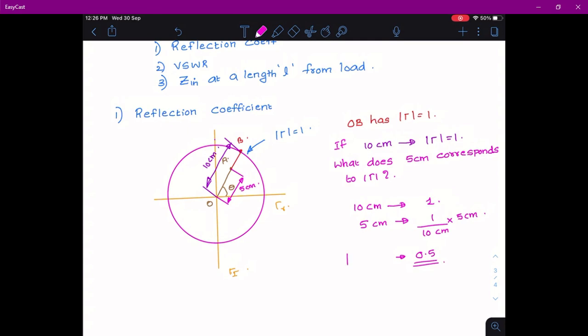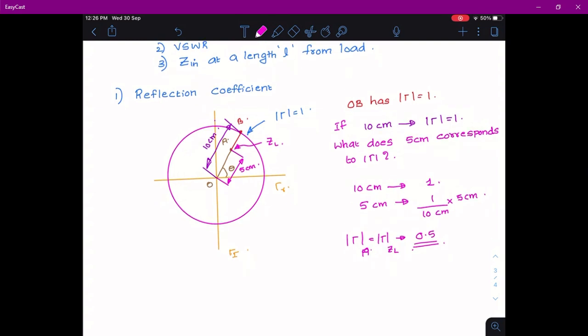So the reflection coefficient of the point A, which is basically an impedance point, let's say this is some ZL. So reflection coefficient at A, which is equal to the reflection coefficient at ZL, is 0.5.